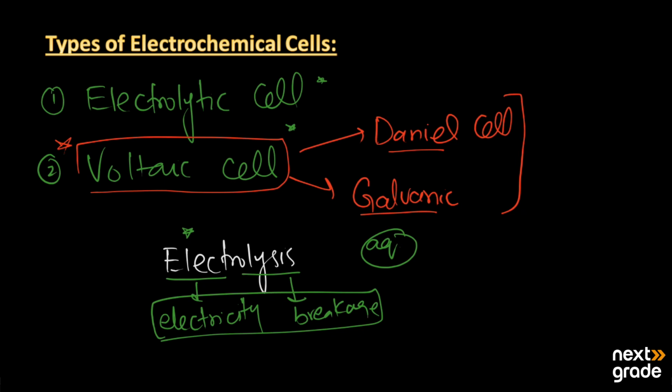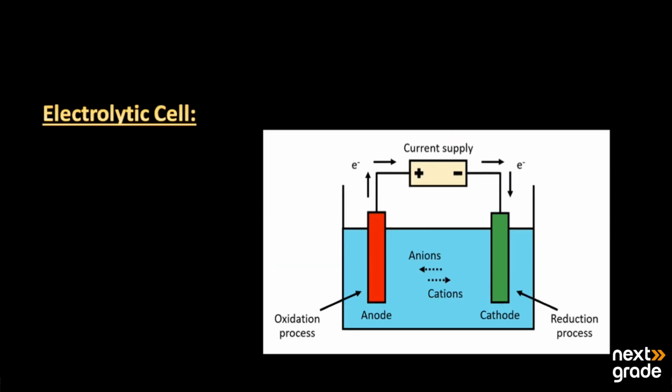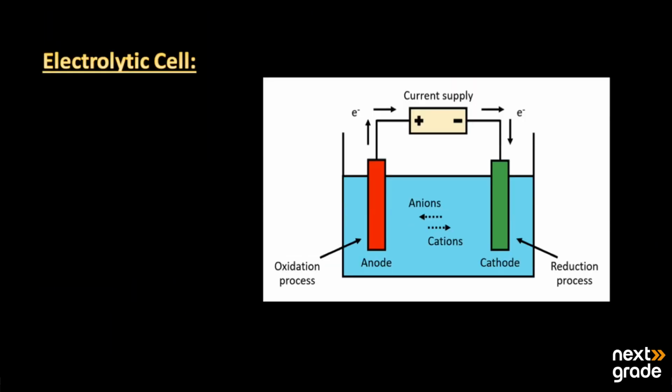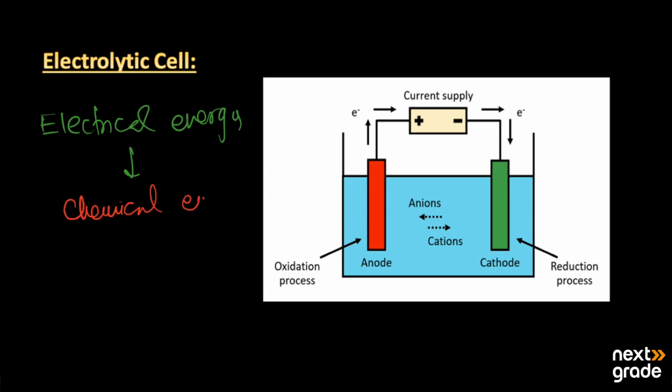So, let's have a look at the simple electrolytic cell. The electrolytic cell is a cell which converts electrical energy into chemical energy. Here we require electrical energy for a chemical reaction to take place.